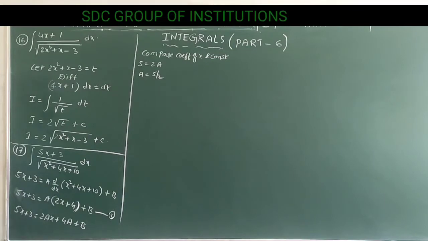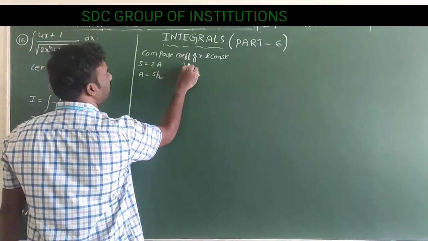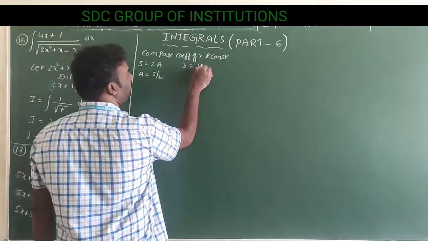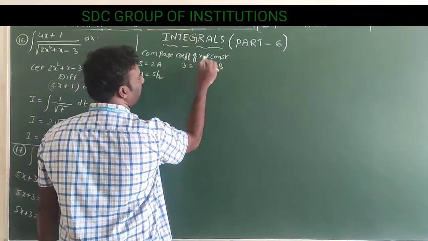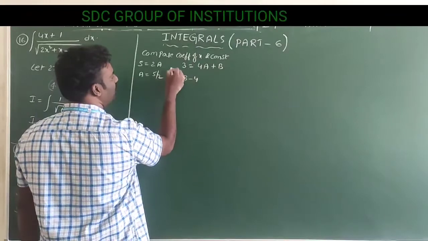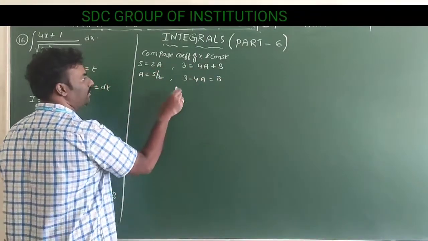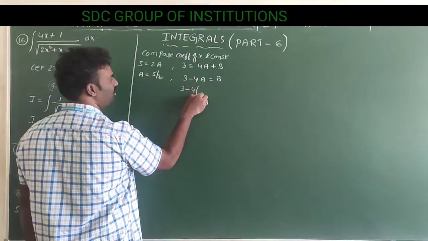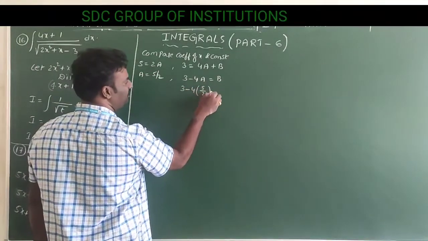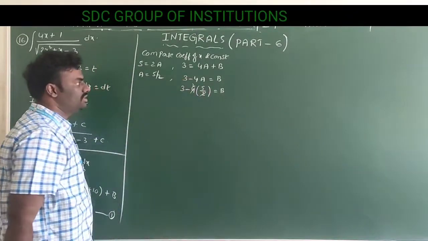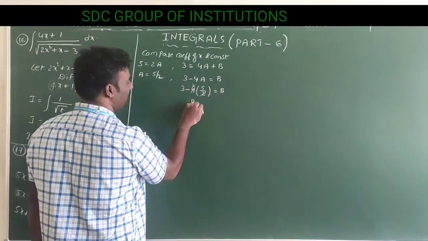Constant is 3, here constant is 4a plus b. 3 minus 4a is equal to b. 3 minus 4 into a value 5 by 2, that equals b. 2 ones are 2, 2 twos cancel. 3 minus 10, that is minus 7.